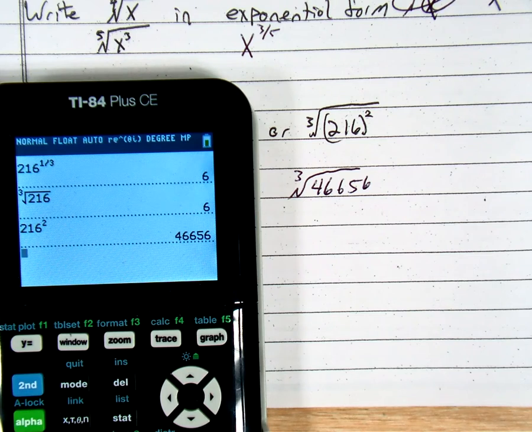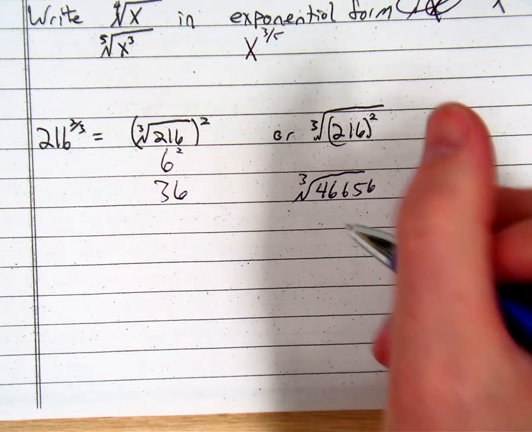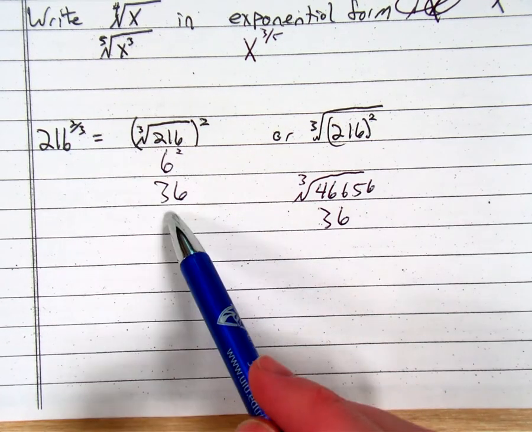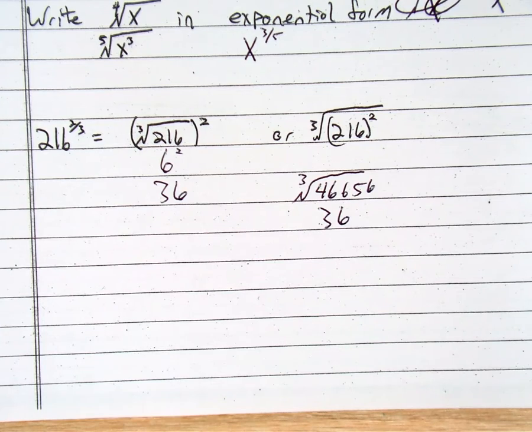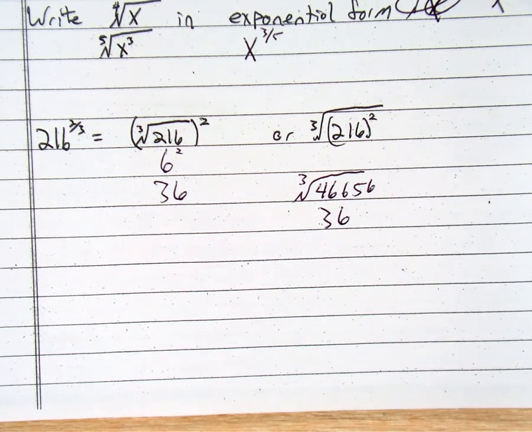Okay, so 46,656 to the 1/3 power. Boom, 36. Alright, so it's a little less intimidating, I think, if you go smaller first and then bigger. But it works out the same either way, so it's up to you.